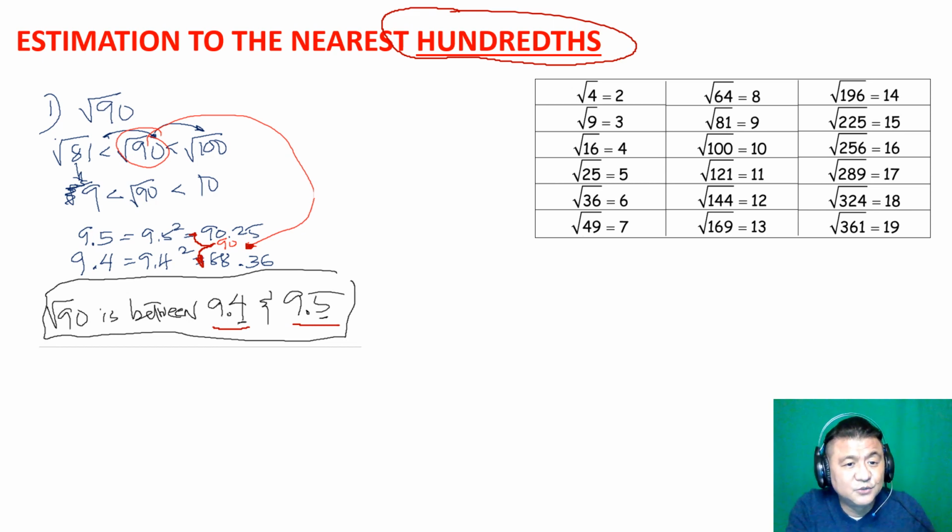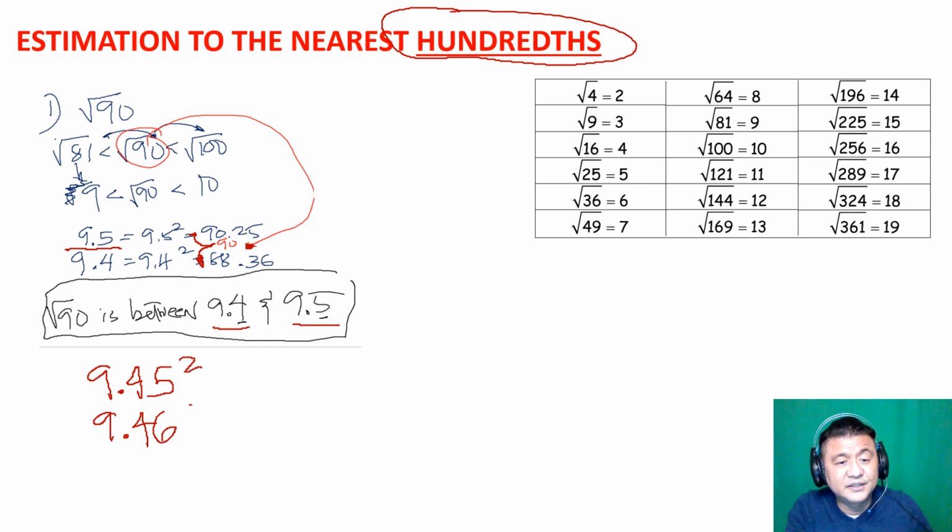So instead of using 9.4, I'm going to use the middle of 9.4 and 9.5, which is 9.45. I will try 9.46. I'm going to square them. Let's see who's nearest to 90.